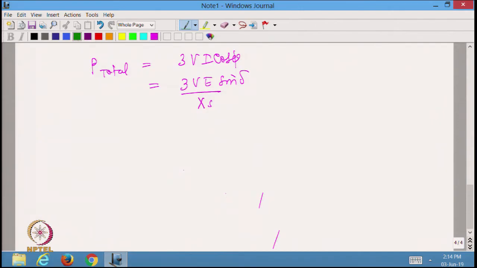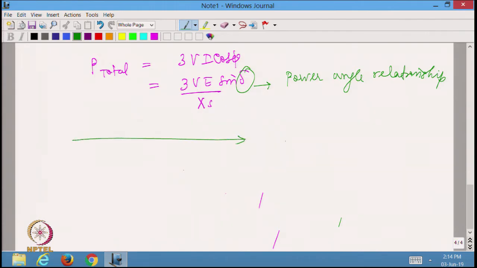So, this is essentially known as the power angle relationship for a synchronous machine. So, this delta, which is the angle between, if I say this is actually my V or Vt, and let us say I am going to draw a current which is Is and which is having a phase angle of phi, I should be able to write that I times Xs will be somewhat like this.